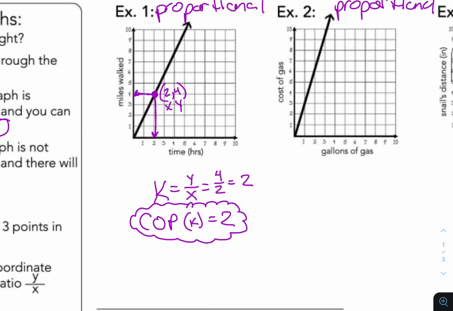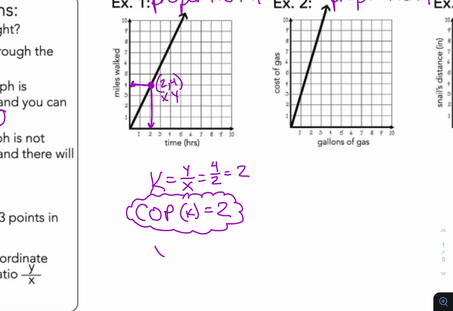Another way you could have done it is thought about it in a table. X, Y. And you could have looked and said, okay, where are the good points? Here's 1. So when x is 1, y is 2. When x is 2, y is 4. When x is 3, y is 6.